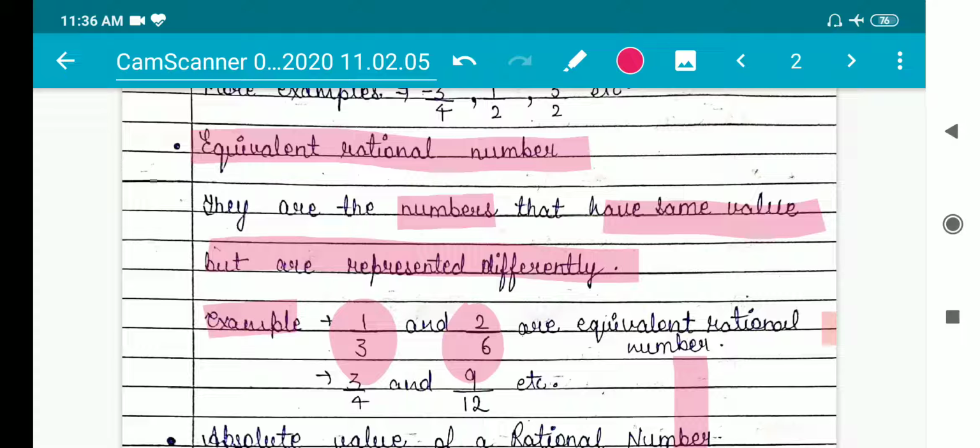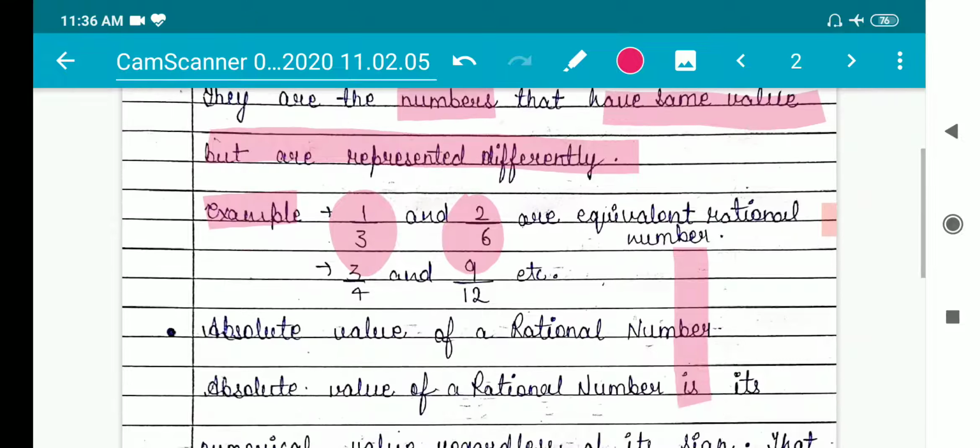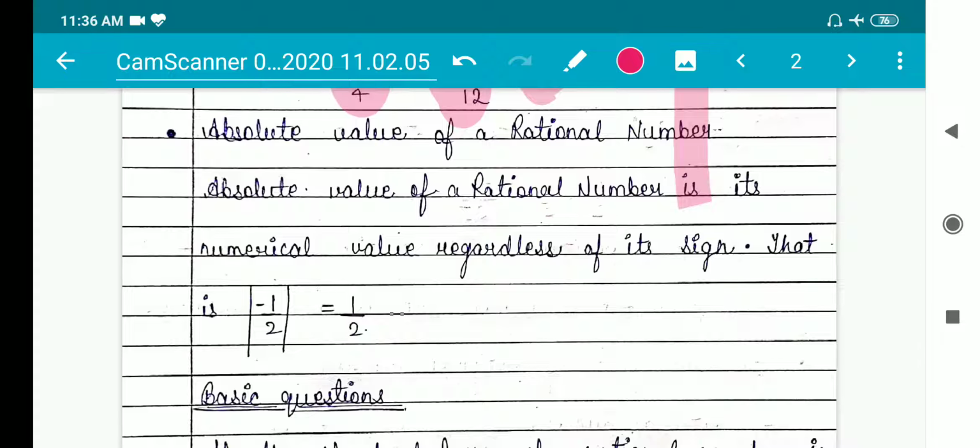They are equivalent rational numbers because if we reduce 2 by 6, we ultimately get 1 by 3. So both are equivalent rational numbers. Another example is 3 by 4 and 9 by 12. In the same way, 9 by 12 can be reduced, and if we reduce it, we get 3 by 4.